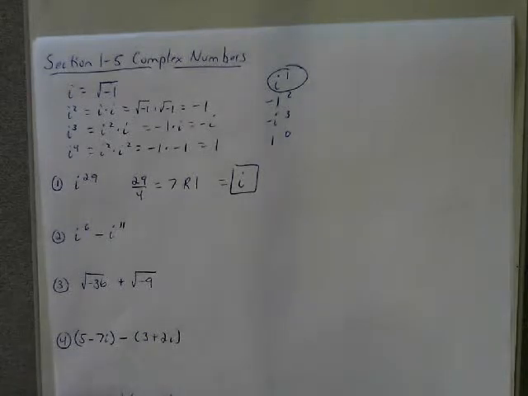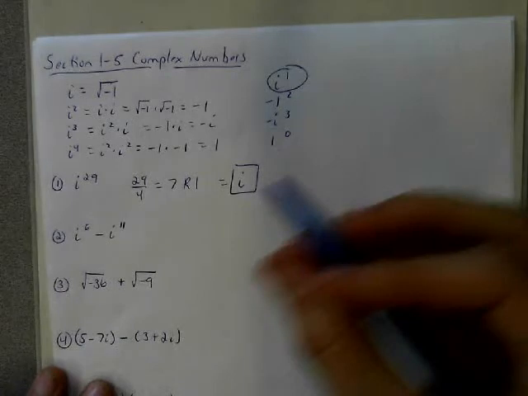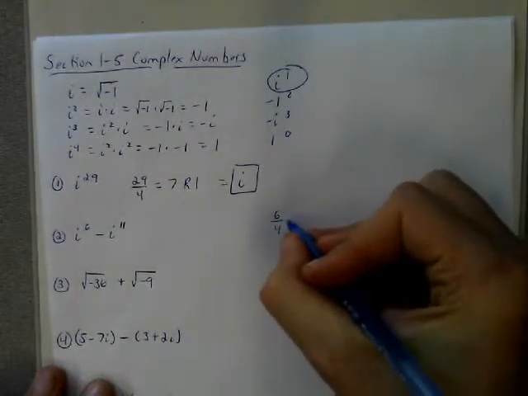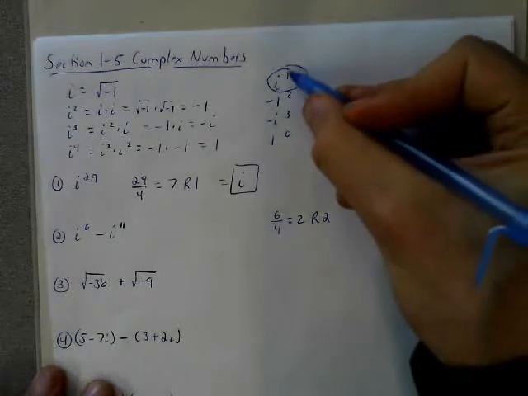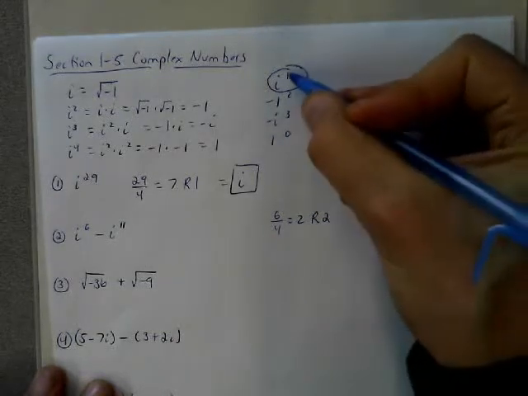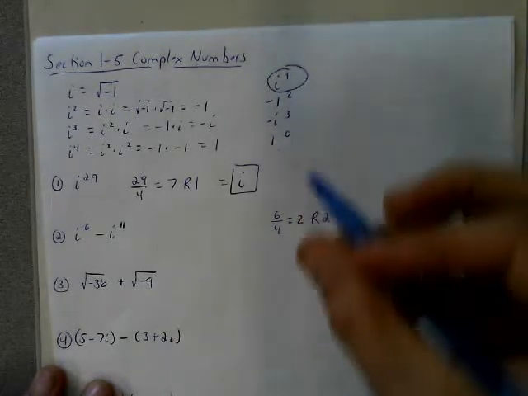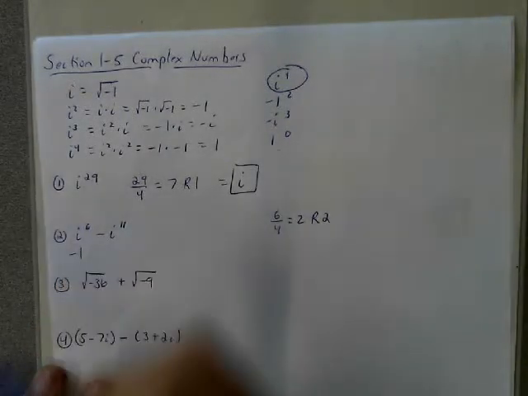If we look at the second example, i to the 6th minus i to the 11th, 6 divided by 4 is 1, with a remainder of 2. Therefore, we go through 1 full cycle and then have 1, 2. So the first one here is equal to negative 1.